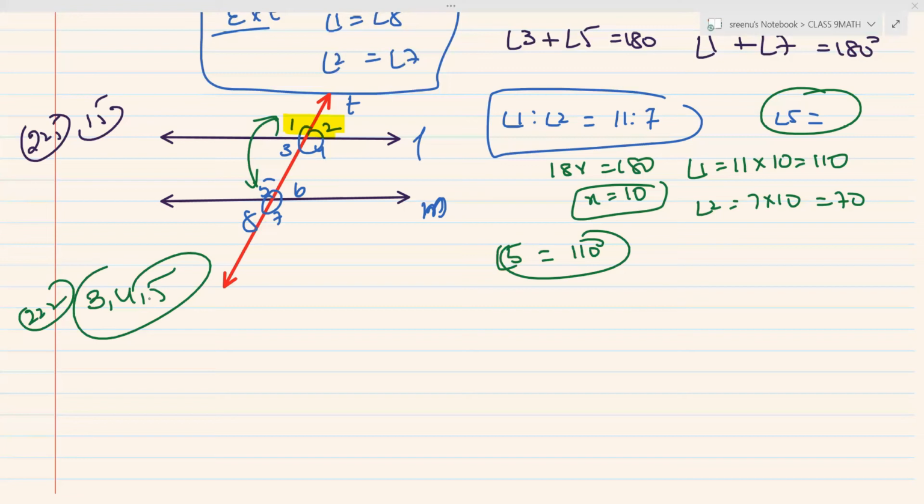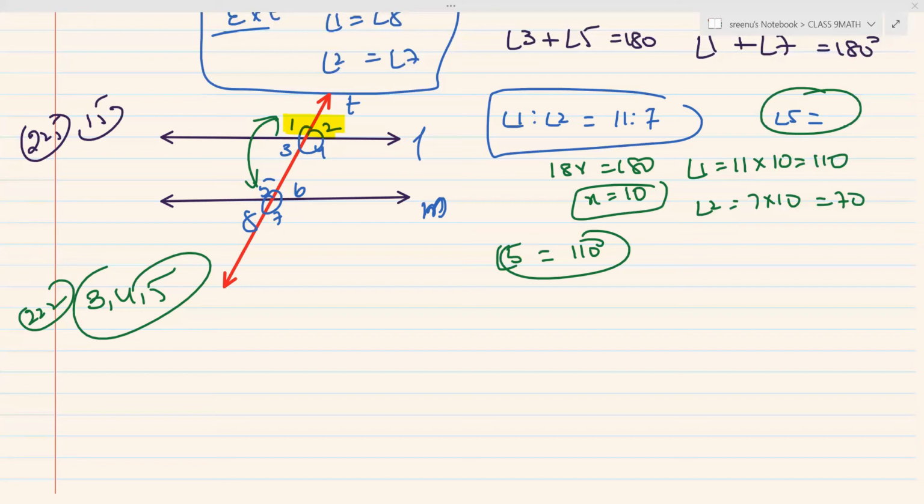In the fourth question, they have given the value of Z as 80 degrees, sir. Z is not 80. 80 is inside, opposite to Z. Vertically opposite.